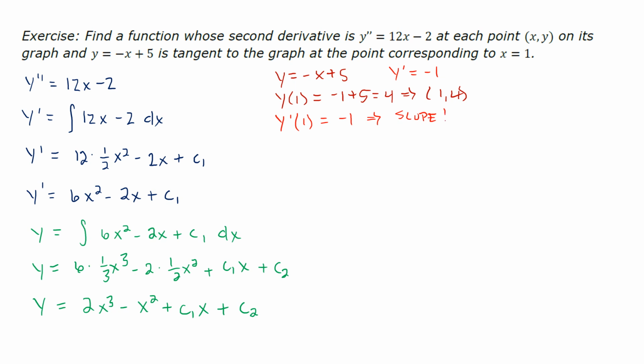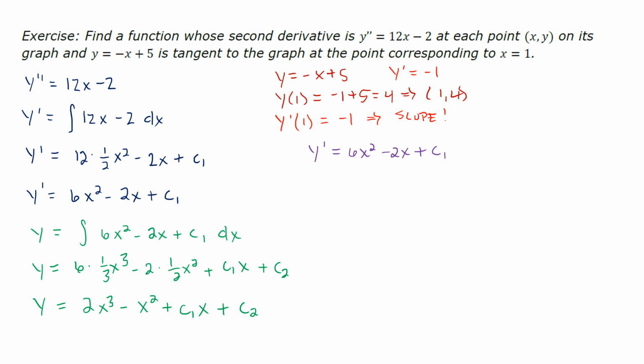So knowing this information, we can now find our coefficient c1 and our constant c2. Okay, so let's first apply the slope. Since we know y prime of 1 equals negative 1, we can use that to find our c1. So y prime equals 6x squared minus 2x plus c1.